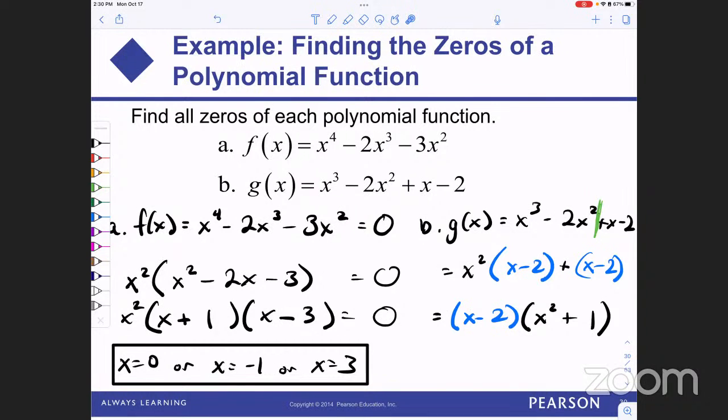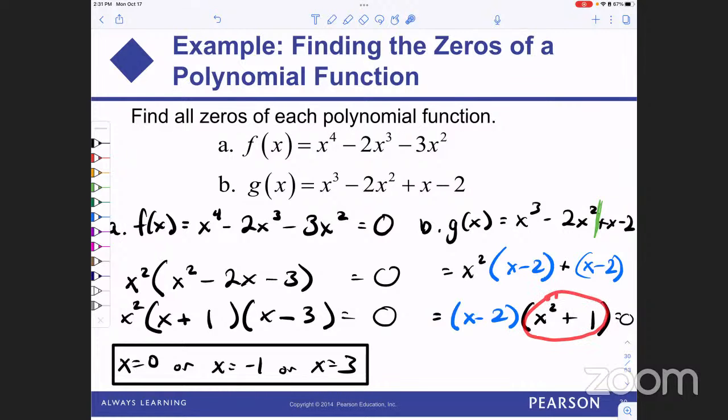So if we set each of these to 0 and solve, this first one, if you think about it, is basically a parabola that's been moved up by 1. So if we're trying to see where it's going to be equal to 0, and again, we should have had this equal to 0 over here, this guy over here won't ever be equal to 0.